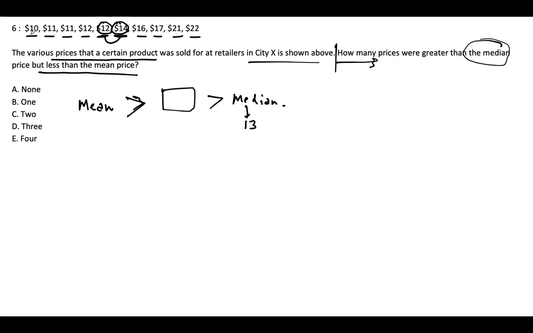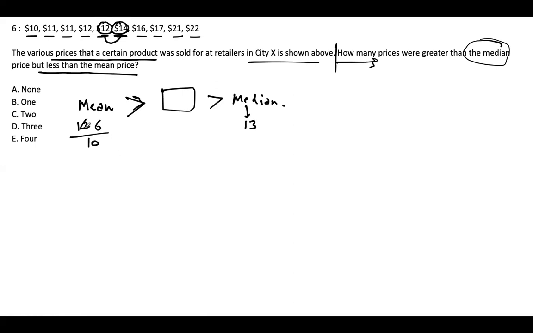So the sum of all samples: 10 plus 11, 21 plus 11, 32 plus 12, 44 plus 12, 56 plus 14, 70 plus 16, 86 plus 17, 103 plus 21, 124 plus 22, 146, divided by the number of samples.